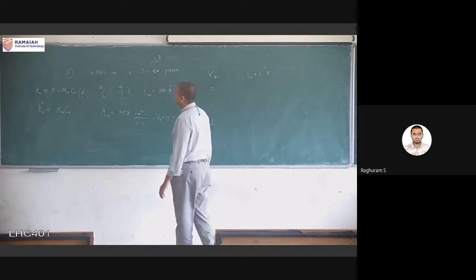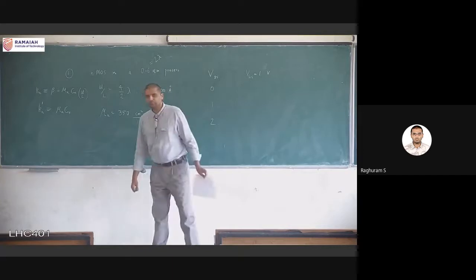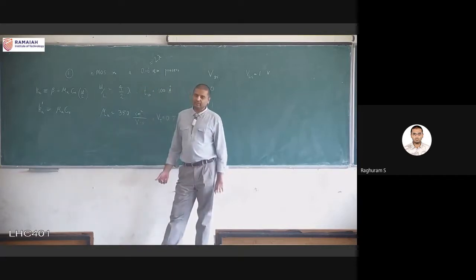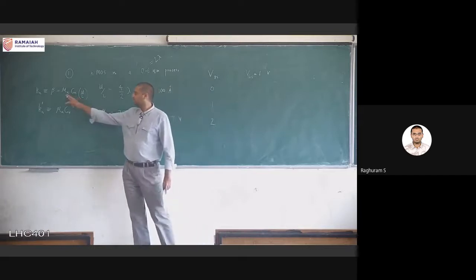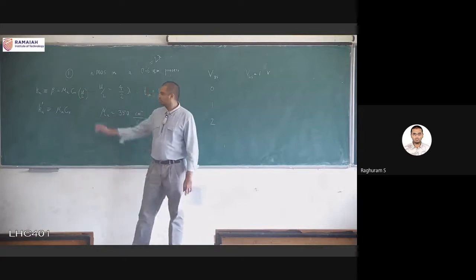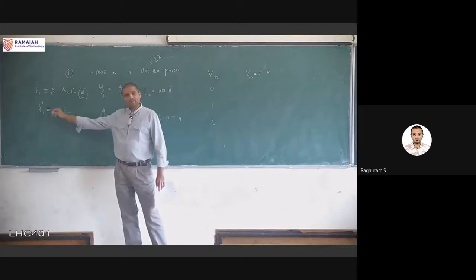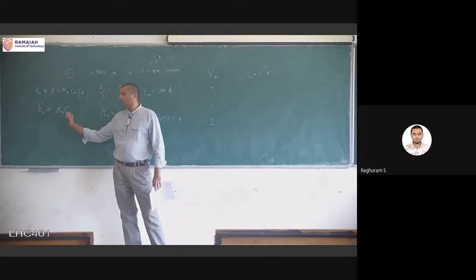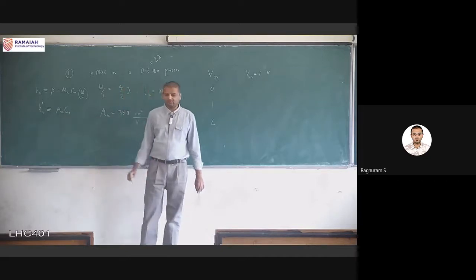The first one we have seen, beta, also it is called Kn, and it is the product of mobility, oxide capacitance per unit area, multiplied by the transistor W by L. The second one is Kn prime, which is just mobility into oxide capacitance.